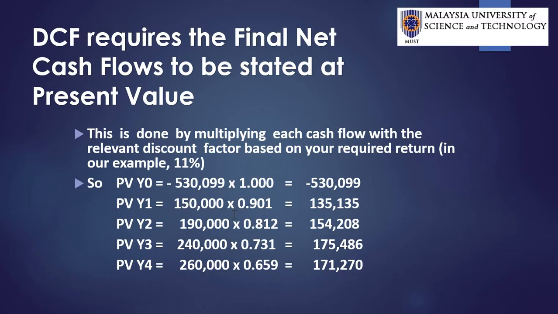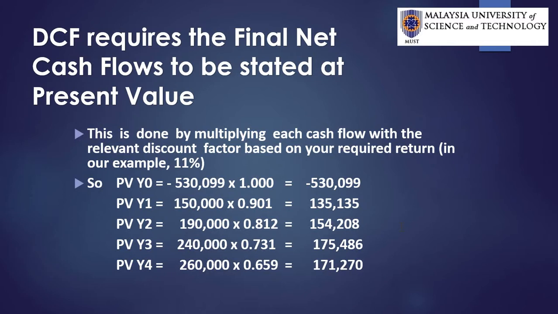The year 1 cash flow, 150,000 multiplied by 0.901 will give me 135,135. And I hear you saying, but wait a minute, where did you get the 0.901 from? Well, that's easy enough. Again, you go back to Auntie Google and you can look up what we call discount factor tables.